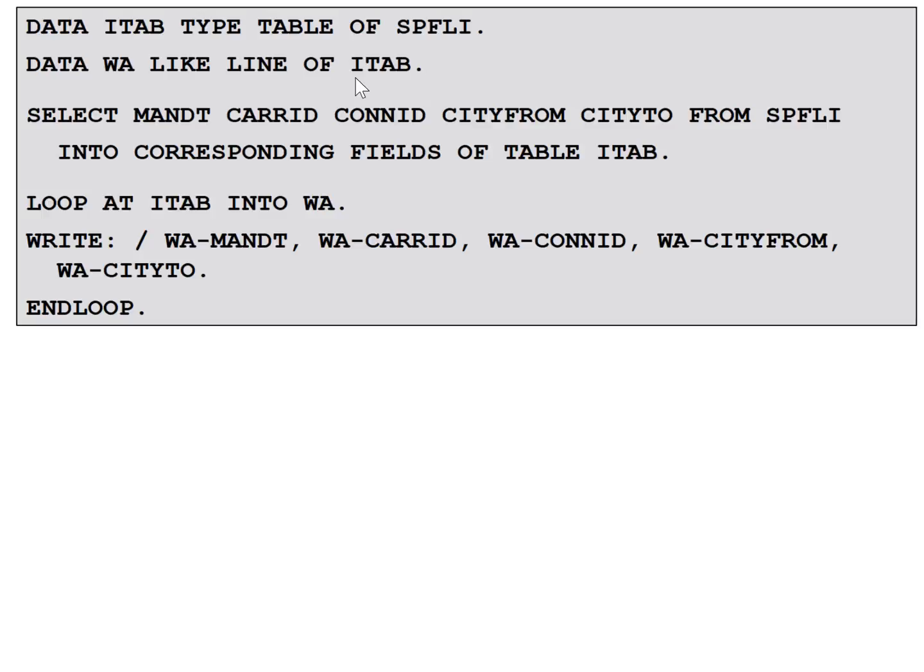So I notice I'm just listing the fields with spaces between them from the name of my database table into corresponding fields of table and then my internal table. And then from here, we see code that is similar to what we have written before in working with internal tables. Loop at itab into wa, where we're writing out the things that are in the work area.